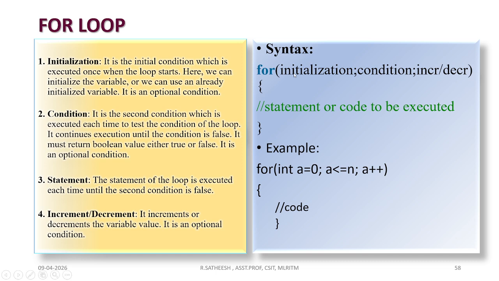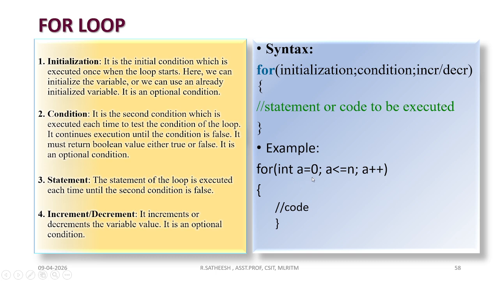So you can reduce three lines of code. In while, you initialize somewhere, check the condition somewhere, and increment or decrement somewhere. But in the for loop, we combine them as a single line within the parentheses, so that when the condition is true, we can execute the statements.